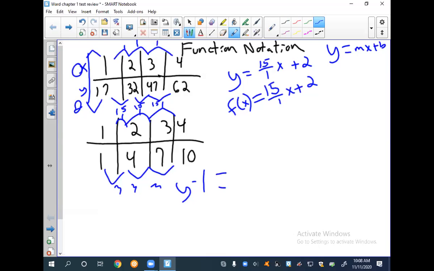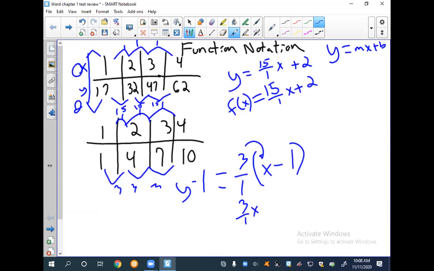My slope, what did we say it was? 1 over 3 or 3 over 1? 3 over 1. So y minus 1 equals 3 over 1, parentheses x minus 1. Now, can we make that into function notation yet? Because we got to get y by itself, right? So I distribute. That gives me 3 over 1x.